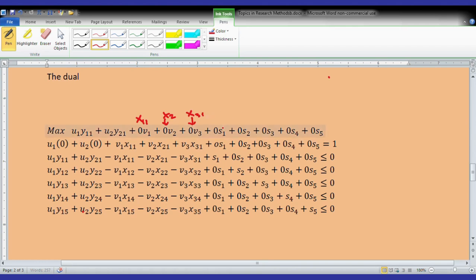Then, because there were 5 constraints with the less than or equal to signs, we have introduced 5 slacks. So this is the slack for the first inequality constraint, this one. We are not going to introduce any slack for this equation because this is strictly equal to 1. But all the rest of the constraints are having less than or equal to sign, indicating the possibility of slack.